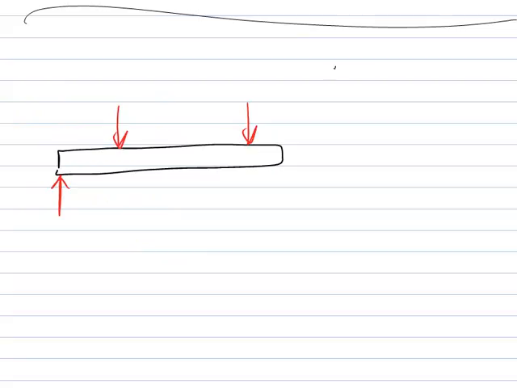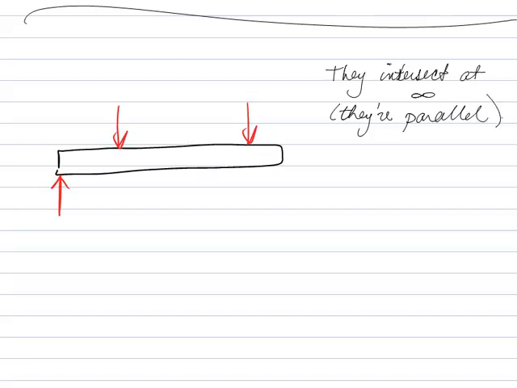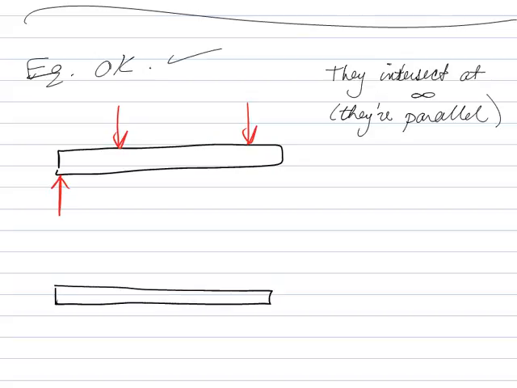The way that we actually say this formally is that they intersect at infinity, right? Because they're parallel. It's one of those math things. So equilibrium is okay here. If you don't have lines that are parallel, it's okay as long as they intersect.